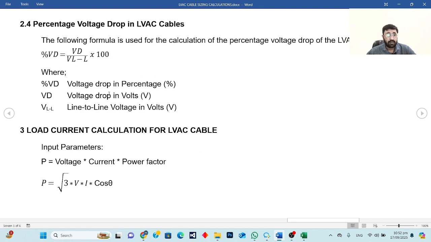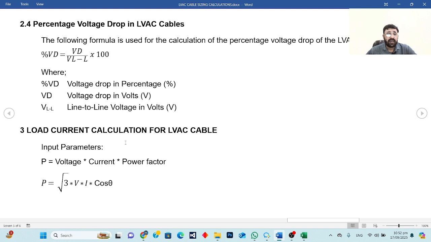So how we will calculate the percentage voltage drop in LVAC cable sizing? The voltage drop which we calculate from the above formula, then divide by the line to line voltage, or we divide by the inverter output voltage like 800 volt or 400 volt, multiplied by 100.